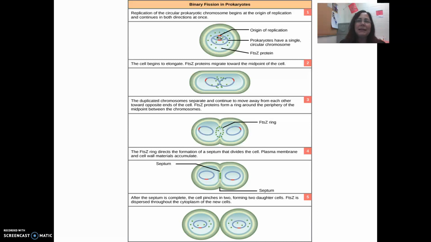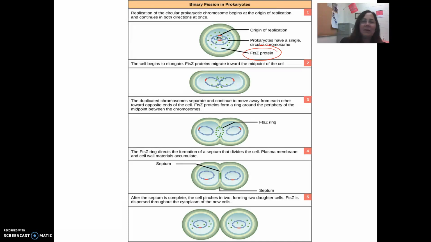Binary fission in prokaryotes works by the parent cell, the original prokaryotic cell, which, remember, has a single circular chromosome, and it also contains proteins called FtsZ proteins. And these FtsZ proteins migrate toward the midpoint of the cell, and they lead to the duplication of that single circular chromosome into two circular chromosomes.